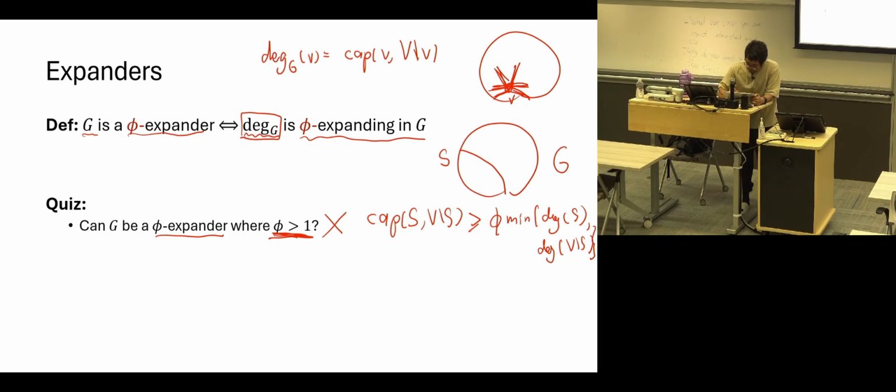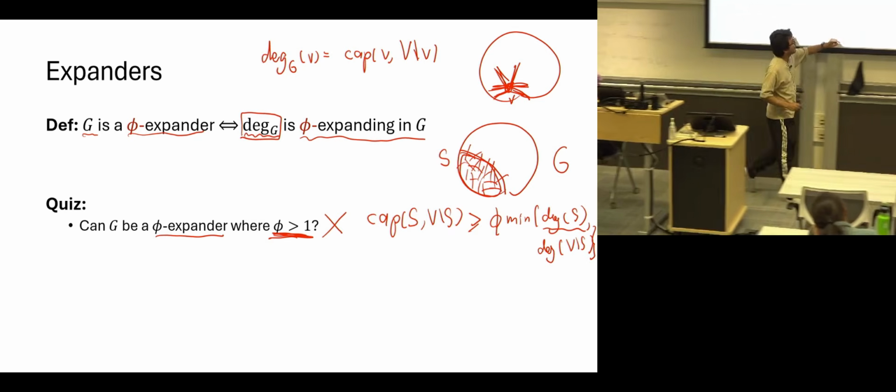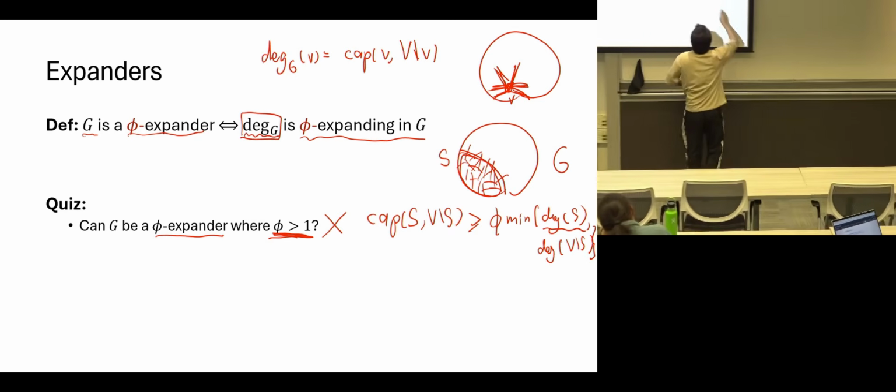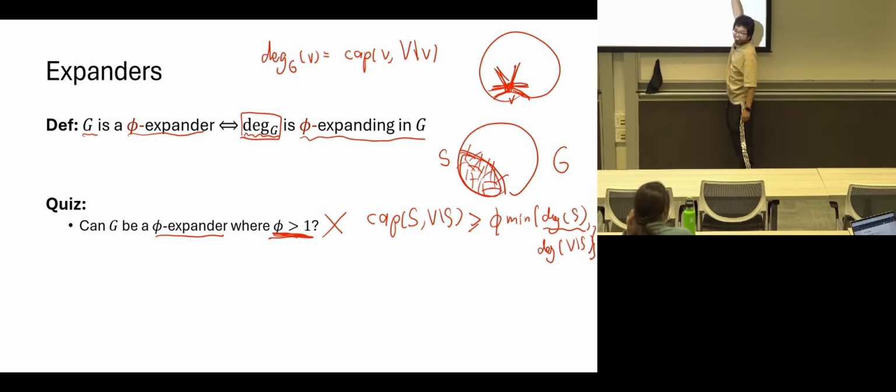So what is degree of S? It basically counts all the capacity of edges incident to everything on the S side. And degree of V minus S just counts the total capacity of the guys on the other side, right?